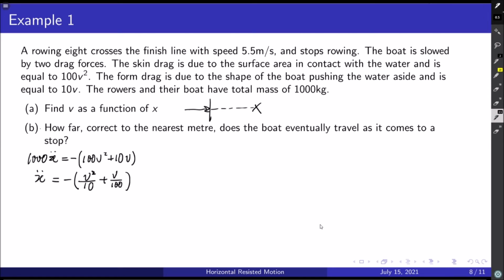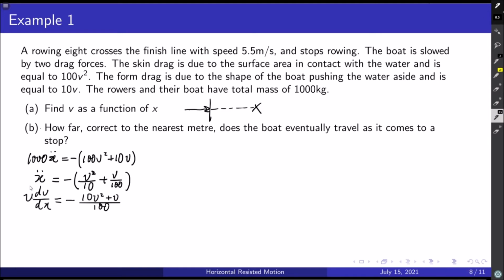Because we're dealing with v as a function of x, we have to turn this into something to do with v and x. So it's v dv/dx equals, we might as well combine all of this, negative v squared over 10 plus v over 100.